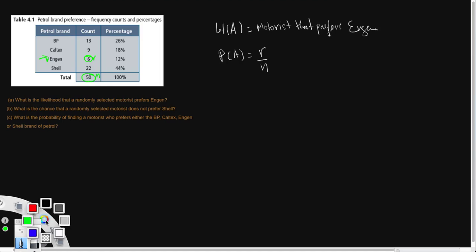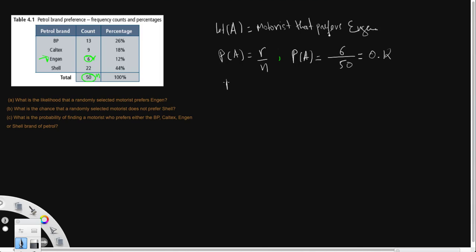Going back to our calculation on the side, the P of A, the probability of this event that a motorist will prefer engine, is equal to 6 divided by 50. Taking your calculator, you get something like 0.12. Because it's probability, you always want to answer in percentage.